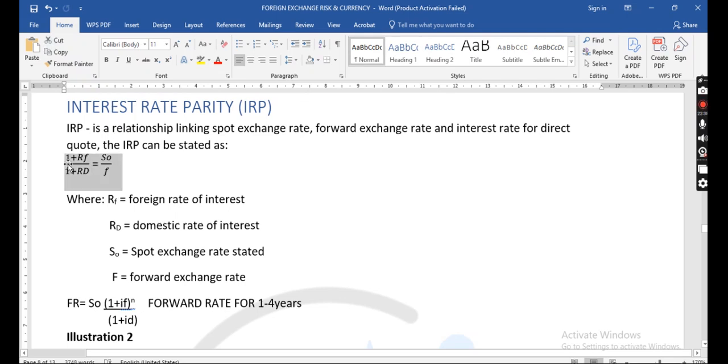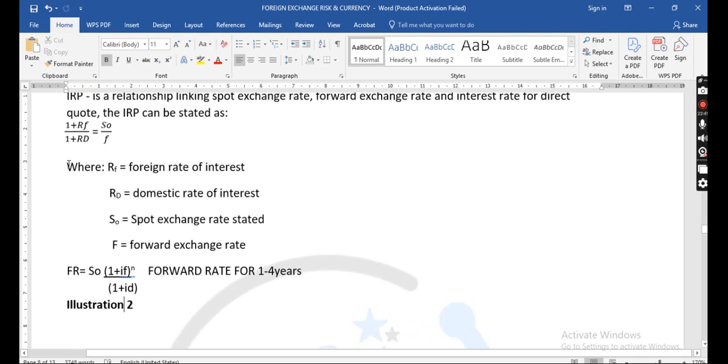Please don't forget, because we will not do 6 months in international investment. It is usually like 4 years, 3 years. So which means you have to use this formula.